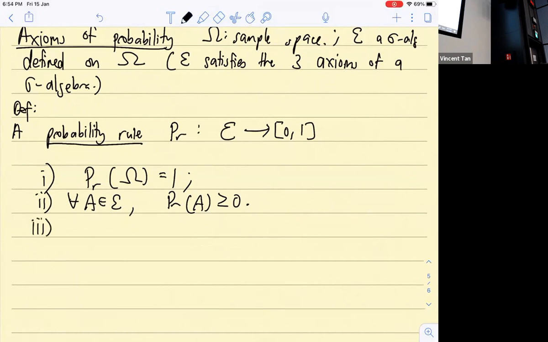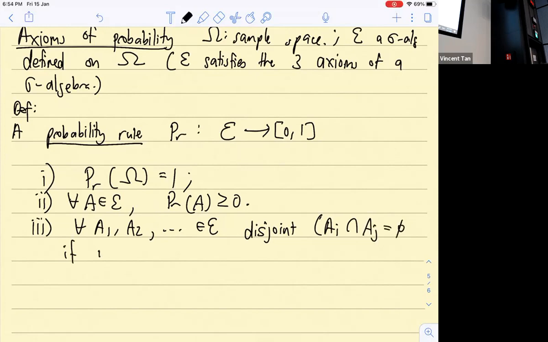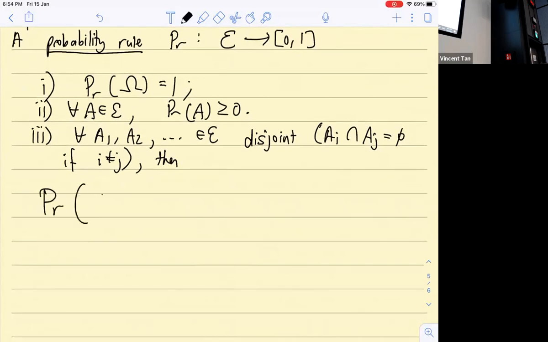Third, for all A1, A2 in E that are disjoint, what is the meaning of disjoint? That means Ai intersect Aj is empty if i is not equal to j. Then we have the probability of the union from n equals 1 up to infinity.